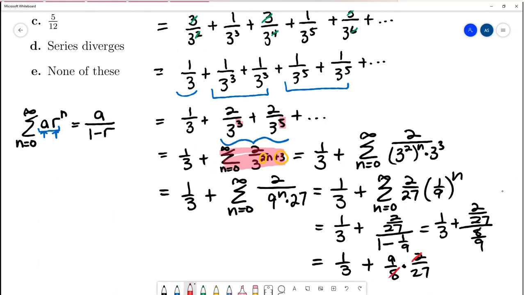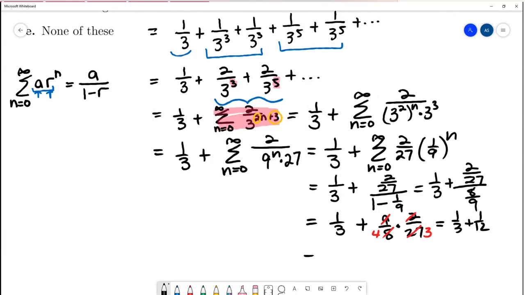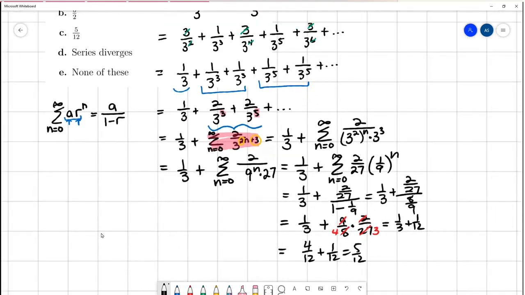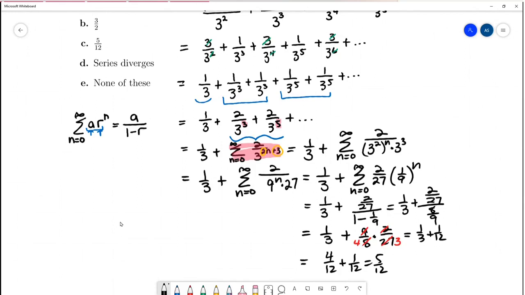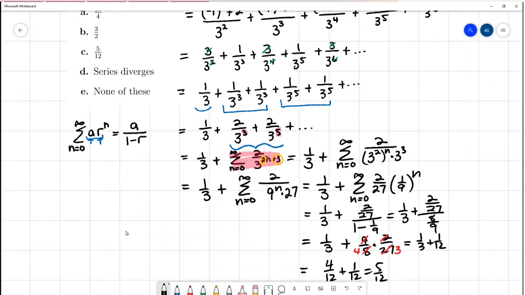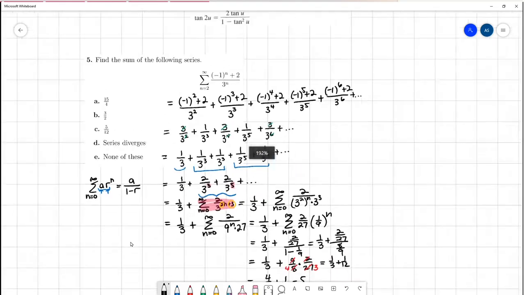So 2 goes into 8 4 times, 9 goes into 27 3 times. So we've got 1/3 plus 1/12. We get a common denominator. So that's 4/12 plus 1/12, which is 5/12. So we have our answer choice there, answer choice C for this one.